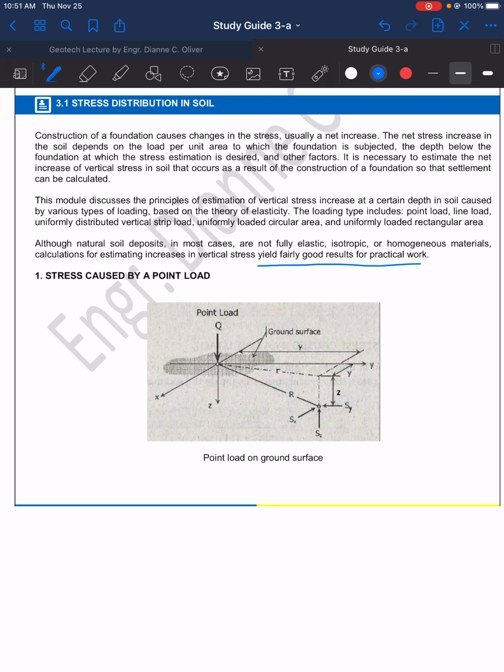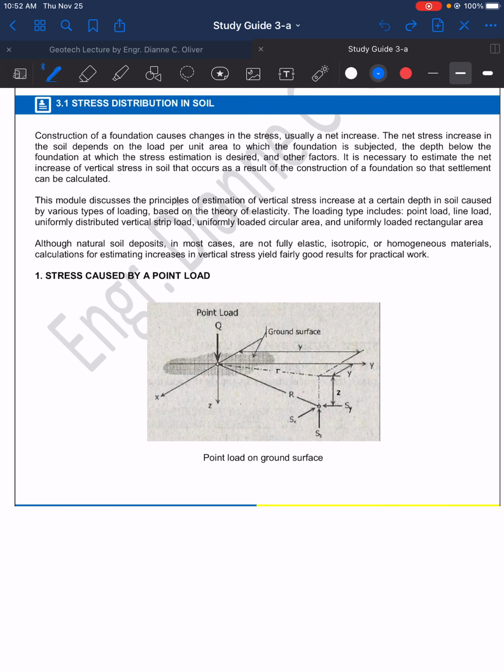So the computation that we will obtain from the following formulas and theories in this lecture is fairly good. These are the stresses that we can get as the ground surface is subjected to different kinds of loading.